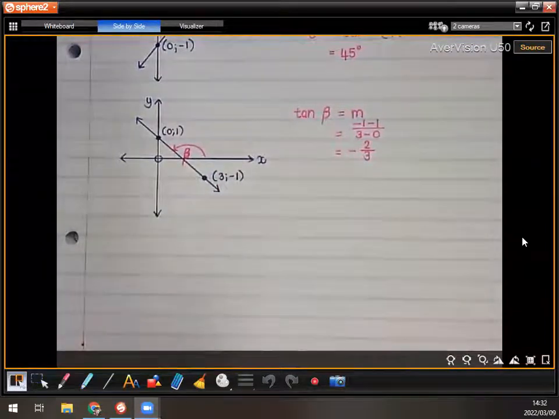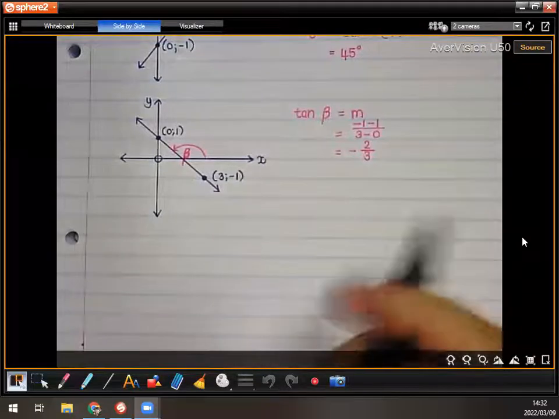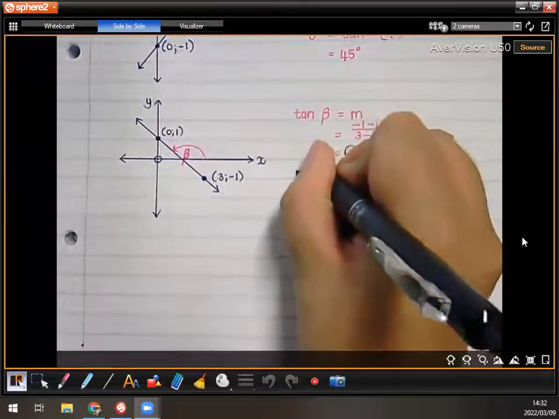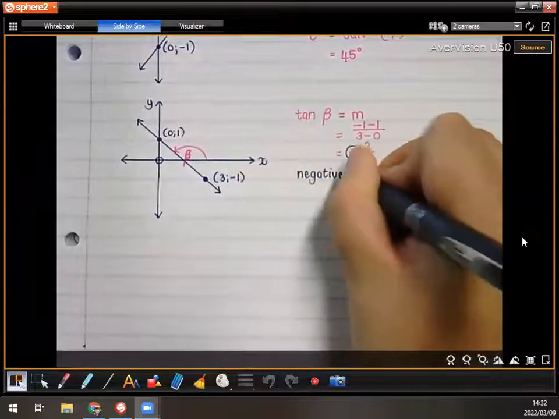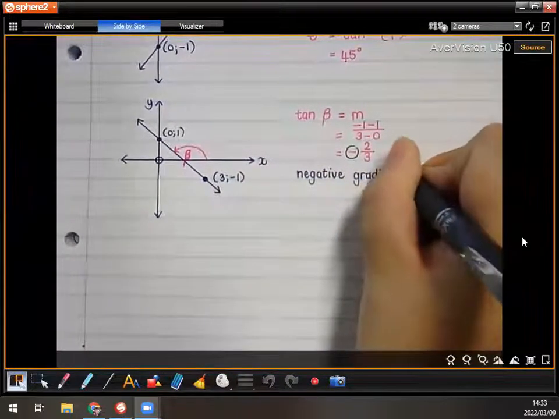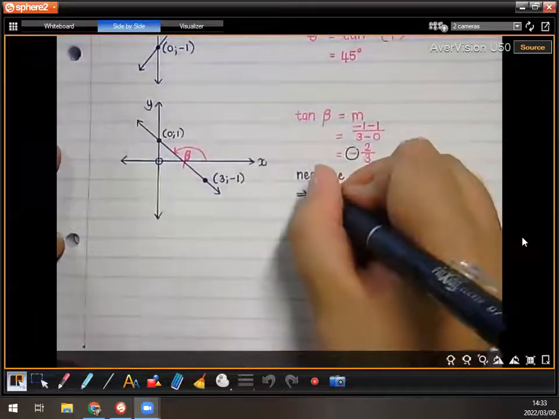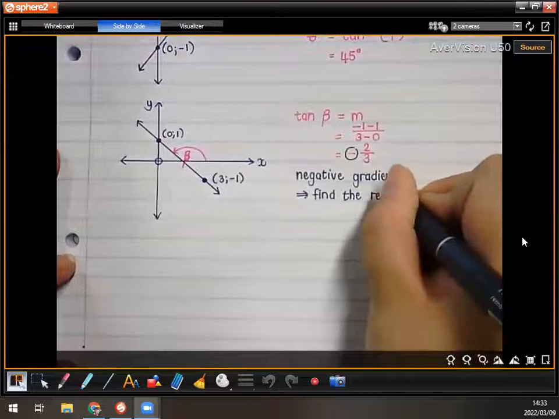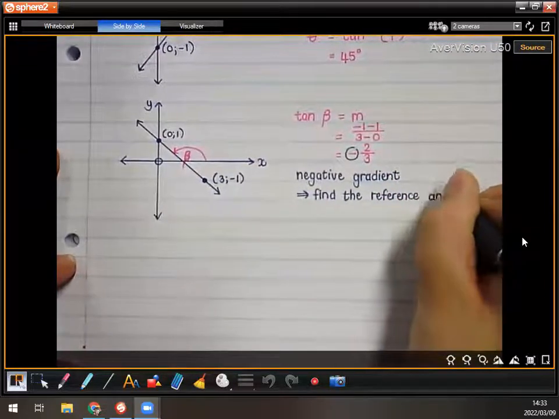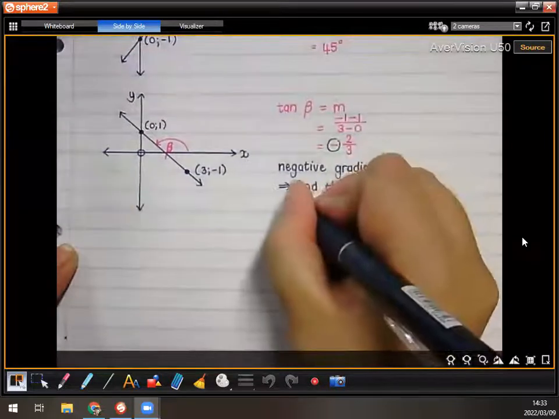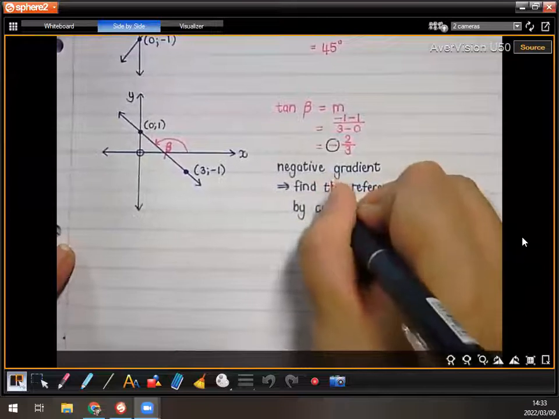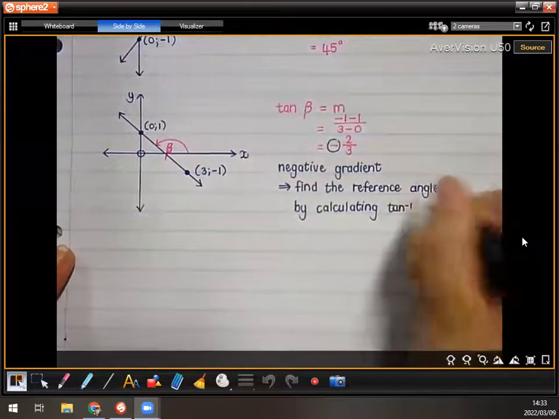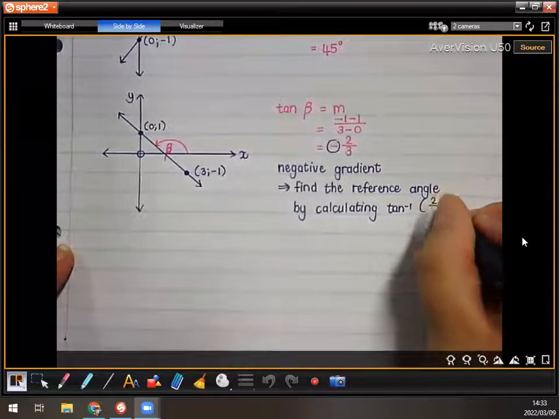So what you're going to do, and we're going to use this method quite a lot in trig when we do trig later on, when your gradient is negative, so I'm going to write here negative gradient, then you are going to find the reference angle by calculating shift tan, so I'm going to say tan to the negative 1, of positive 2 over 3.